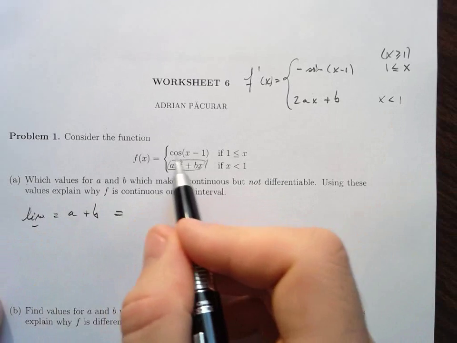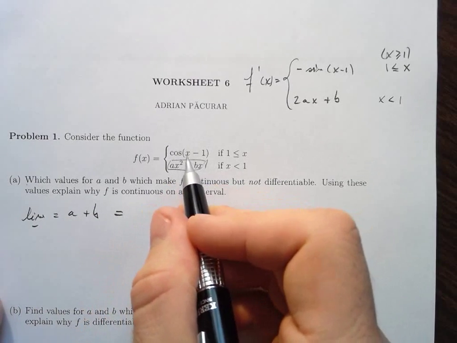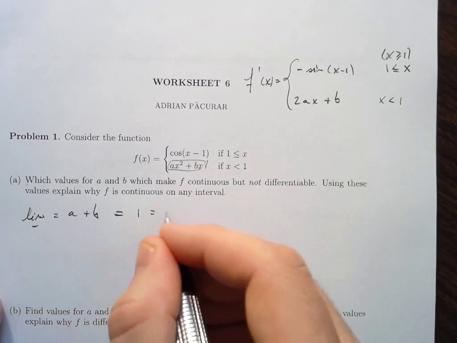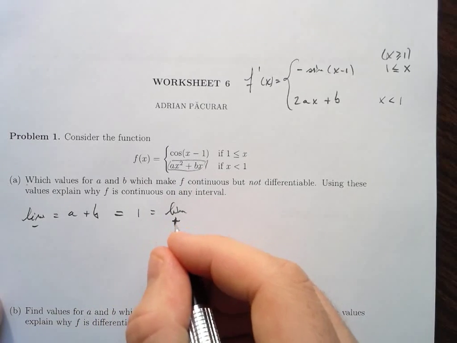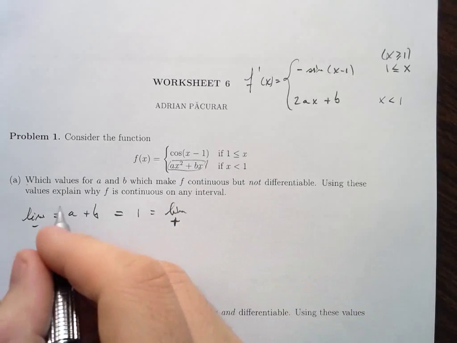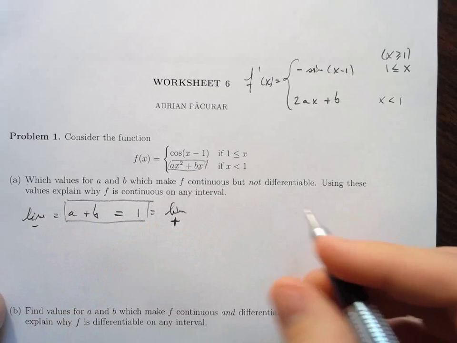So I take this branch and plug in 1 for x, which becomes cosine of 0, which is 1, and that's the limit from the right. So I end up with the equation a plus b equals 1.